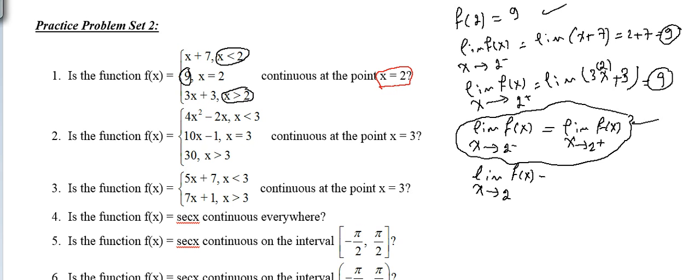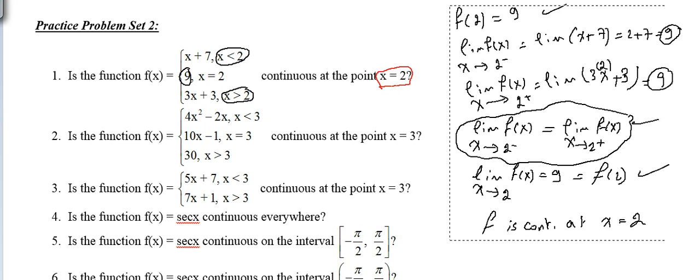This means the limit equals 9, which is equal to f of 2, and this is condition 3 satisfied. So f, yes, is continuous at x equals 2. First problem, continuity, is done. We have 10 problems to finish.